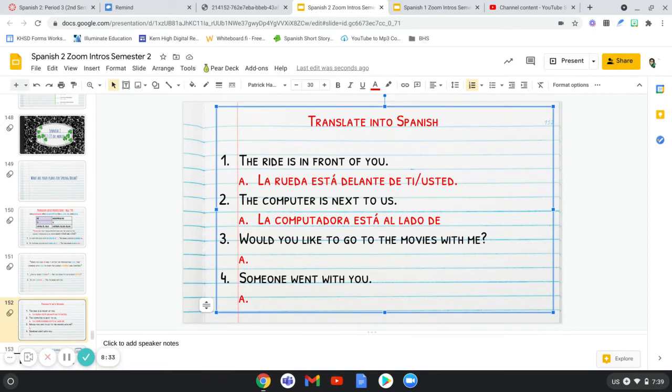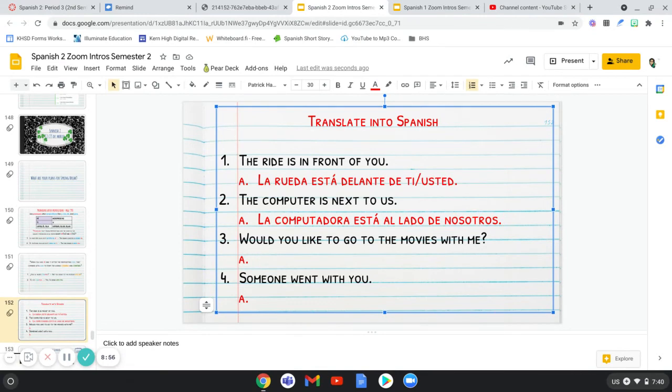So it would still be a we word because it says us. That means you plus other people. So al lado de nosotros, or technically nosotras if you wanted to do the feminine version, but either way, next to us, or we, technically. We just wouldn't say next to we because that sounds weird in English. In Spanish, you just have one word for a group, including you, nosotros, no matter what.